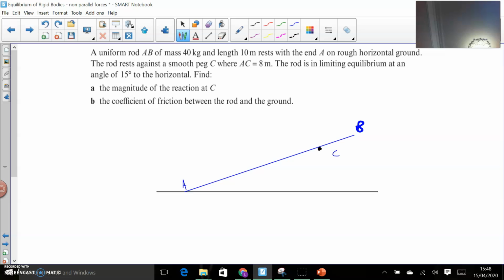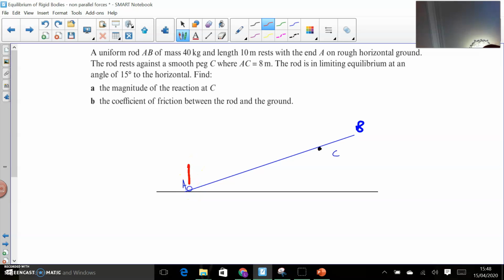Okay, so the next thing to do is to put in the forces. So what forces do we have? Well, it's a rough ground, so at A we must have friction and reaction.